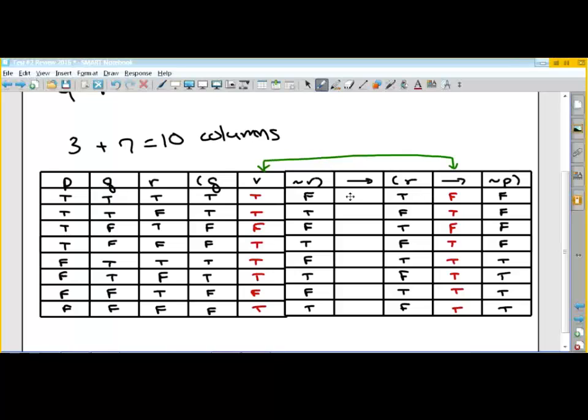So again, we have the first one is false. So we're just going back and forth, looking for true, then false. And we see that that was the only case, the first case. So all the other three combinations are true. So there you go. You're done. Bingo.